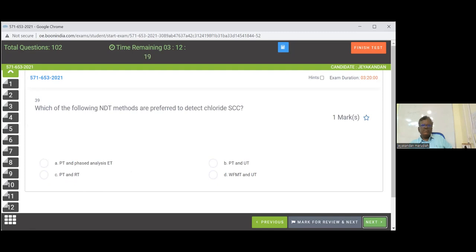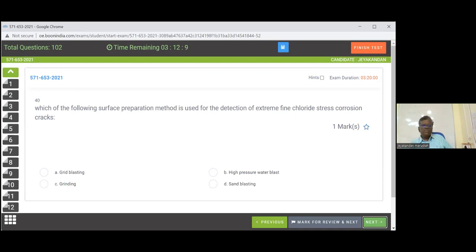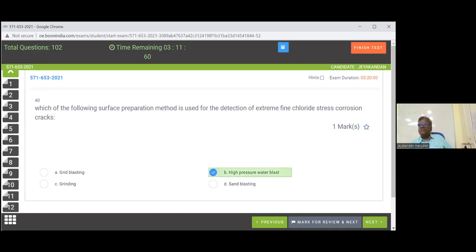Then the following NDT methods are preferred to detect chloride: PT and eddy current testing. Then the following surface preparation method is for detection of fine chloride stress corrosion cracks: high pressure water blast. We have to use water blast or polish.